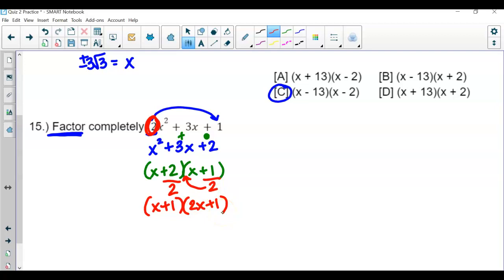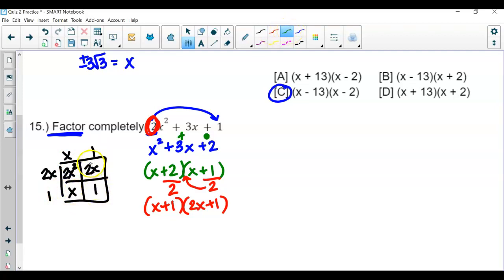Then, of course, and I haven't shown this in a while, but how can you check your work? How do I know that I got the right answer? You can set this up by multiplying, right? Use the box method. So here I've got x and positive 1 and 2x and positive 1. Now I can solve 2x times x, 2x squared. 2x times 1, 2x. 1 times x is just 1x or x. 1 times 1 is 1.